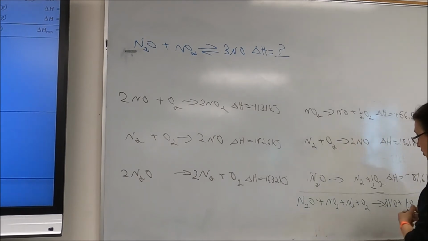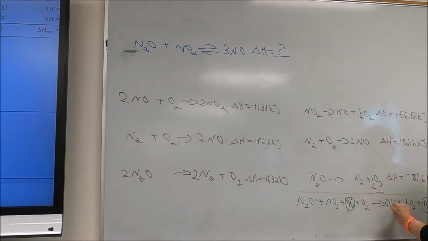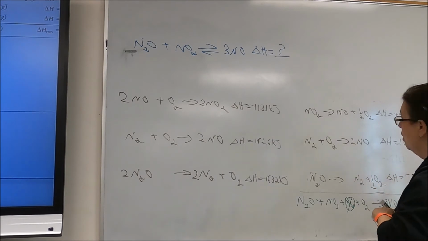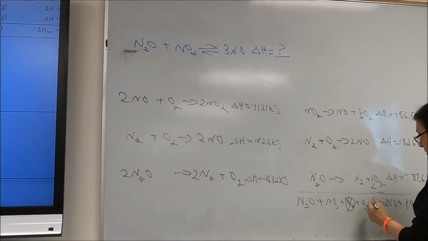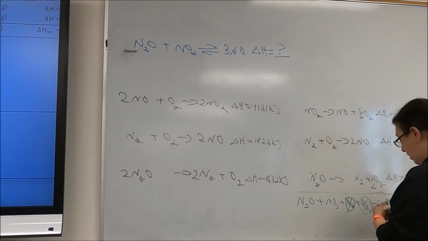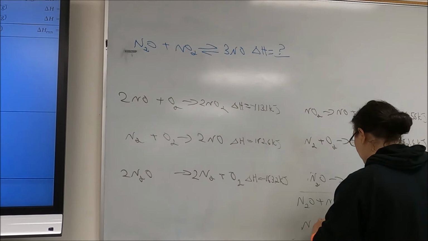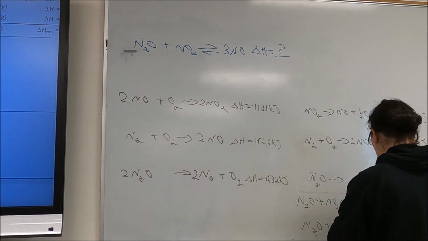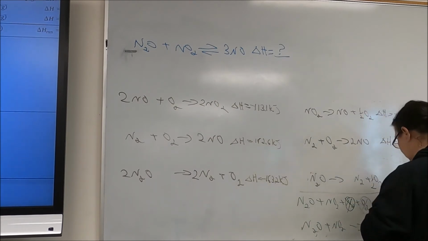I have an N2 on the reactant side and an N2 on the product side. They're going to cancel out. Okay? I have an O2 on the reactant side and O2 on the product side. They'll cancel out. So I've got left N2O plus NO2 going to 3 NOs.